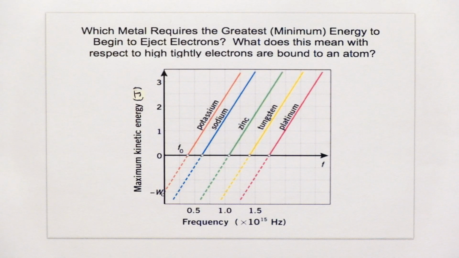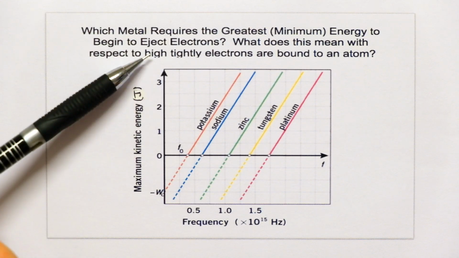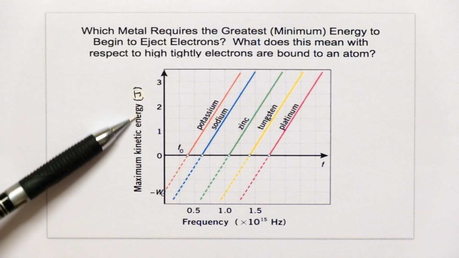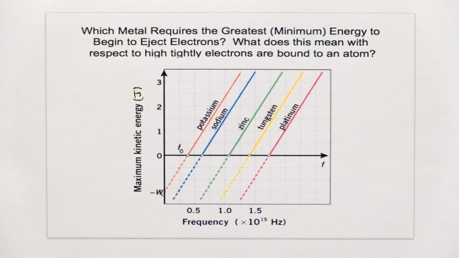In this sketch, we have a few graphs for different types of metals, the same as the previous graph. On the vertical axis, we have the maximum kinetic energy of the electron which is leaving the metal. On the horizontal axis, we have the frequency of the incident light. The threshold frequency is given for each particular metal. As you can see, each particular metal has its own threshold frequency.